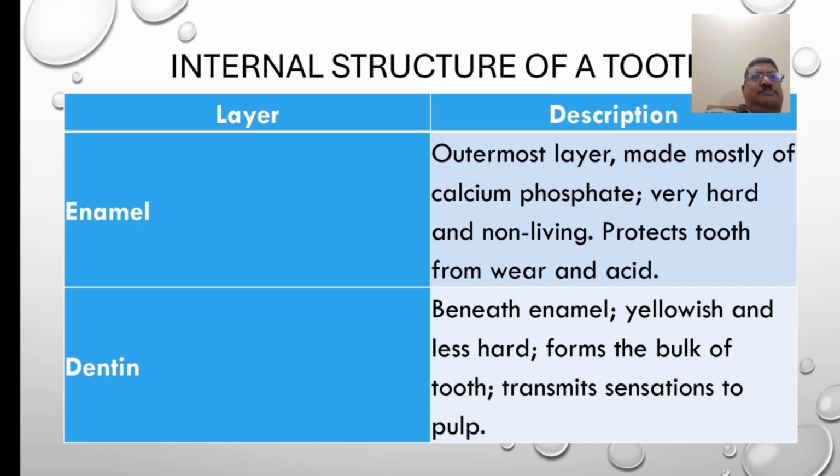Now, the internal structure of the tooth. Enamel: the outer layer made mostly of calcium phosphate, very hard and non-living, protects the tooth from wear and acid. Dentin: beneath the enamel, yellowish and less hard, forms the bulk of the tooth and transmits sensation to the pulp.